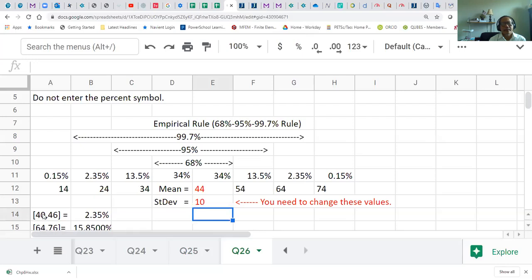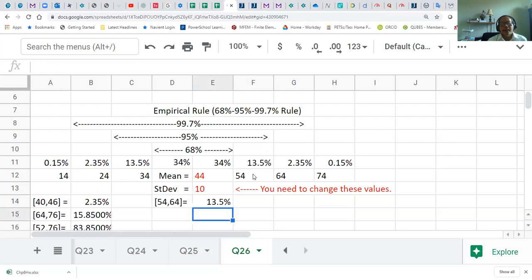So the area between 54 and 64 will be only this part. Okay, so the answer is 13.5.